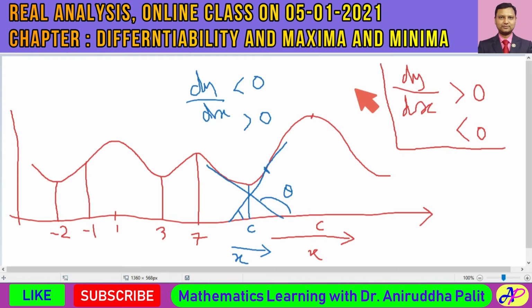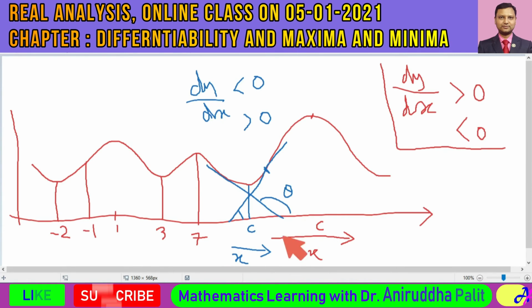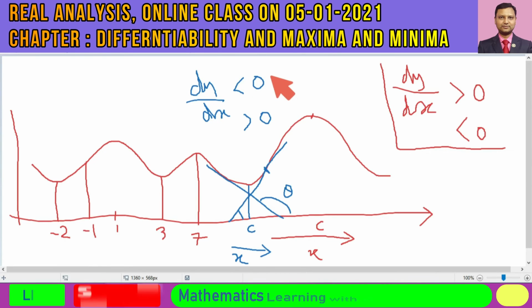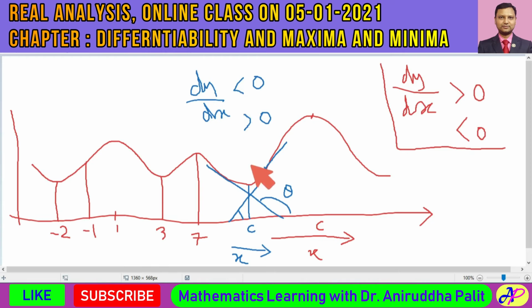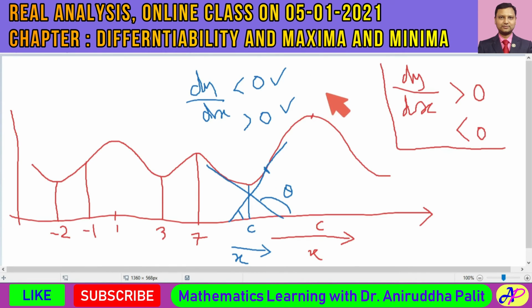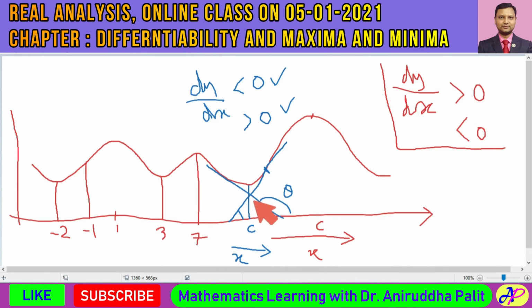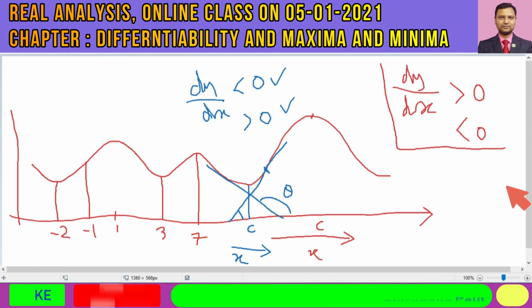So if as x increases through the point C, dy/dx changes its sign from negative to positive, initially negative and now positive, in that case we will have a minimum value, as I demonstrated over here. Now, is it clear to you?